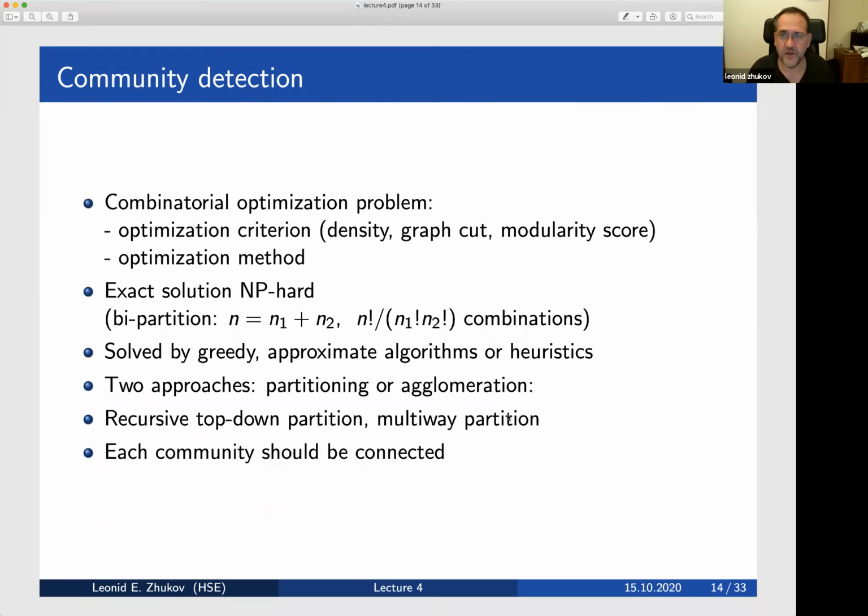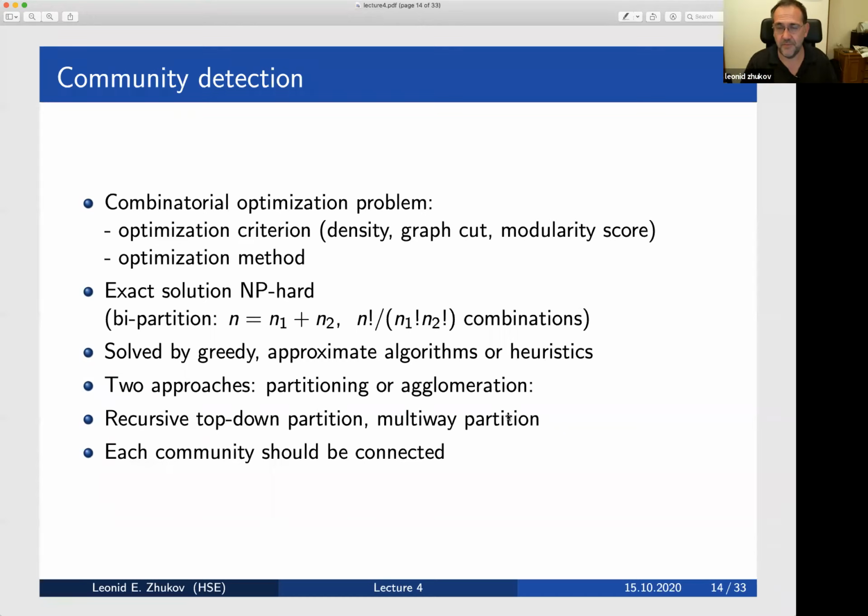Now, there are usually two approaches. One approach is what's called partitioning. The other approach is agglomeration. Partitioning usually means you take a graph and start splitting it apart, cutting it enough times to have those communities. We'll see one example of this approach.